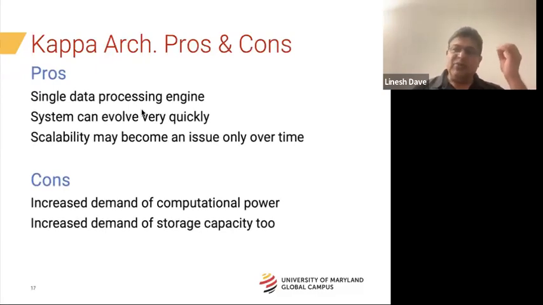This is because there's only one single source, as I said, here to bring in the data. The system can evolve very quickly, very similar to the other architecture, the previous Lambda architecture. The system can also evolve very quickly. The scalability may become an issue only over time, right? Once again, very similar.